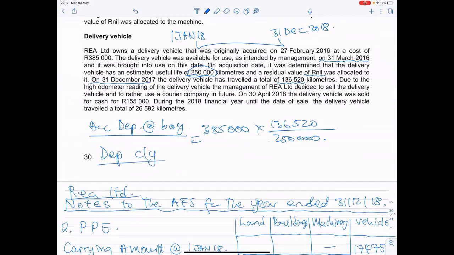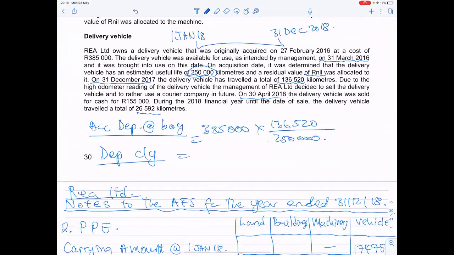So the depreciation in the current year: remember, the delivery vehicle was sold on 30 April 2018. We stopped charging depreciation until that date. The delivery vehicle was sold for cash for 155,000. During the 2018 financial year, until the date of sale, the delivery vehicle traveled a total of 26,592.